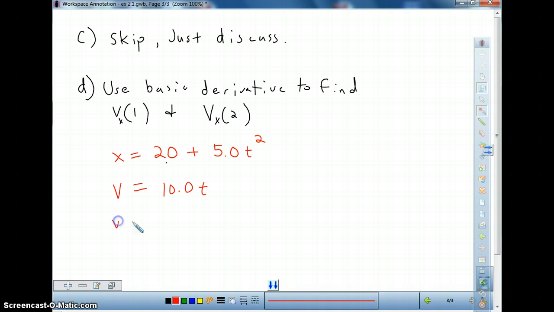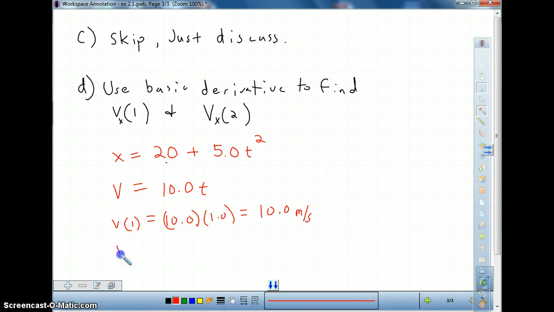So when I find v at 1 second, which you might also see with a subscript of 1 down here, just get used to seeing me do it either way, I simply plug in 1. So at 1 second, it's 10.0 times 1.0, and obviously that's still going to be 10.0 meters per second.